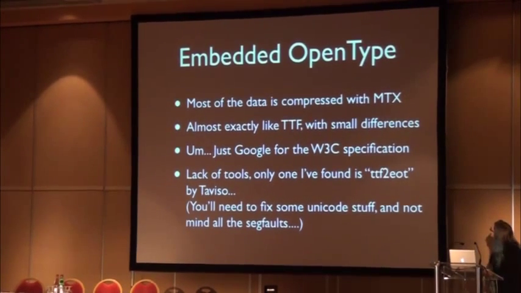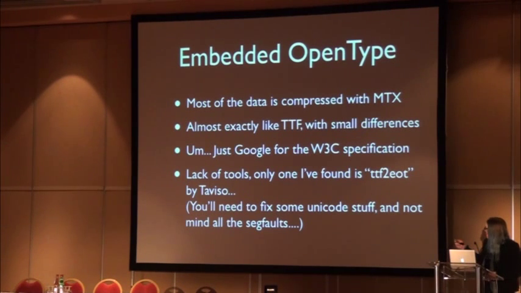The other thing you'll probably have to deal with is embedded OpenType fonts, which are basically most of the stuff from a TrueType font compressed with this proprietary compression scheme, which for some reason the W3C consortium decided to make part of the standard, and there's not really any tools to deal with it except, I think Tavis or Mandy, I think it is, several years ago wrote a little utility to convert back and forth.